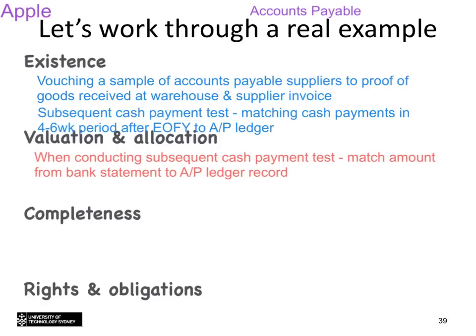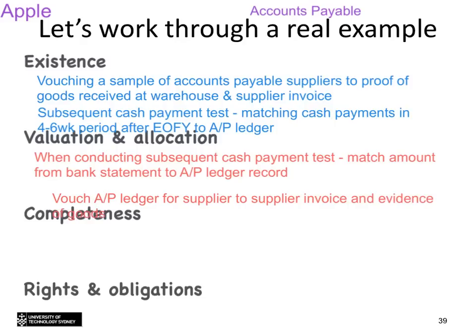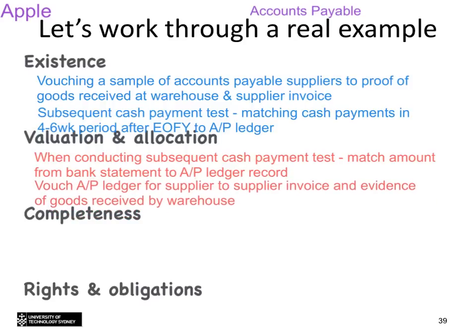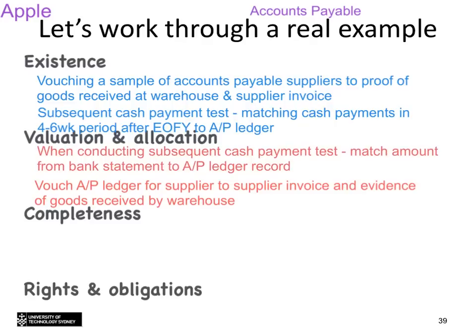Let me see if I can come up with another one. Vouch accounts payable ledger for supplier to supplier invoice and evidence of goods received by warehouse. All right, and so you notice here that there's some overlap between my different procedures of the sorts of documents that I'm collecting. So I might be able to collect a whole lot of documents and do some of these tests at the same time.